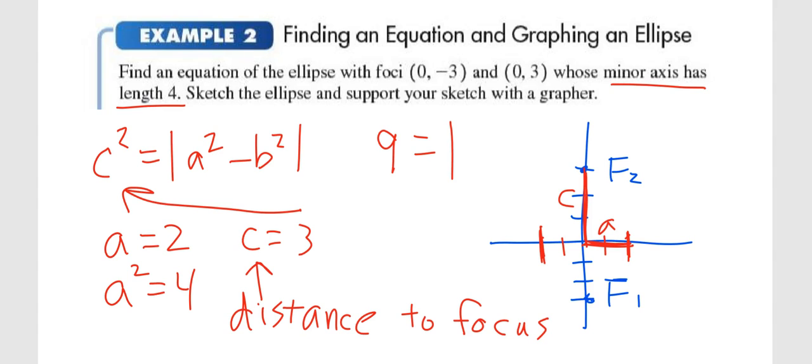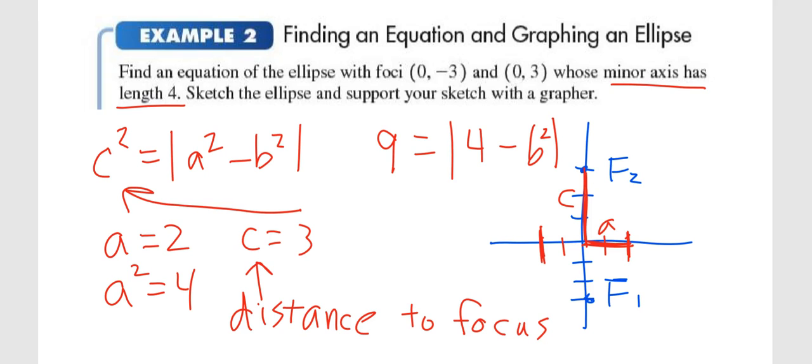What do we have for A squared? 4. Okay, figure out what B squared is right now. Absolute value means distance away from. So can you think of something that's 9 units away from 4?